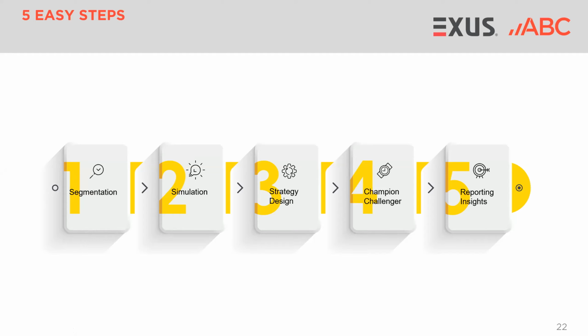Then the most critical part is being able to quickly and efficiently and in an intuitive way design your collection strategy and configure all the activities that need to take place across the timeline. On the fourth step, you need to be able to create a challenger strategy, make all the necessary adjustments, and start the experiment.